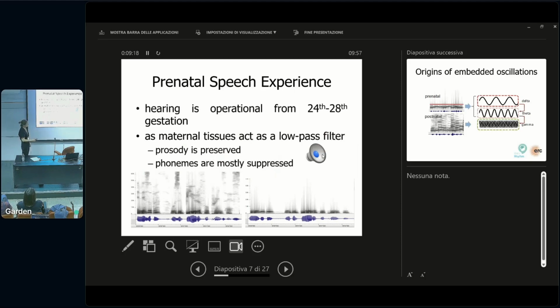So you can see that under about 400, 500, 600 hertz, energy is preserved. So the lower frequencies, the fundamental frequency of the voice, is preserved, but all the higher frequencies are missing. And so the result is that what we call the prosody, the rhythm and the melody of speech, are preserved, while individual sounds are suppressed. So it's a simulation, and I'll show you what this sounds like.